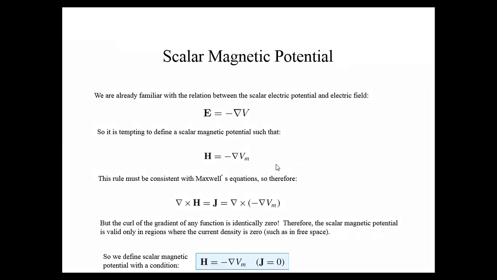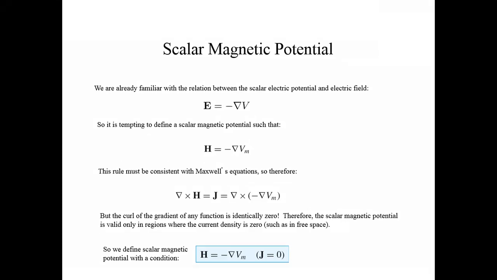In magnetism, you may say that there are two possible potentials. One is the scalar, just like this: E is the negative of the gradient of V, H is minus the gradient of Vm. But once again, I am repeating, this has a limitation: it is applicable for J equal to 0 only, which means for free space.